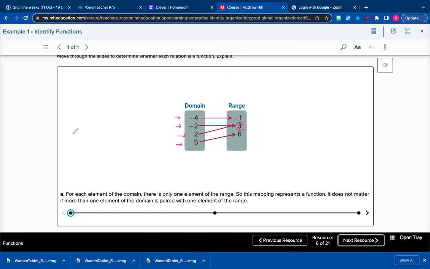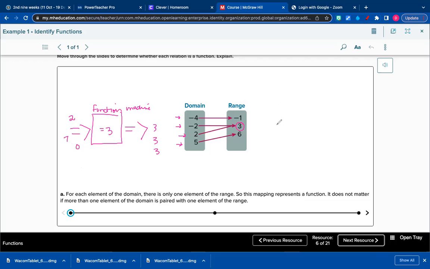If I've got a function machine, right? Here's my function machine. If I put one thing in, I'm only going to get one thing on the other side of it. Now, if my function says whatever I put in, it's going to equal 3, no matter what I put in, 270, just because I get 3 on the other end, I'm only getting one output for every input.